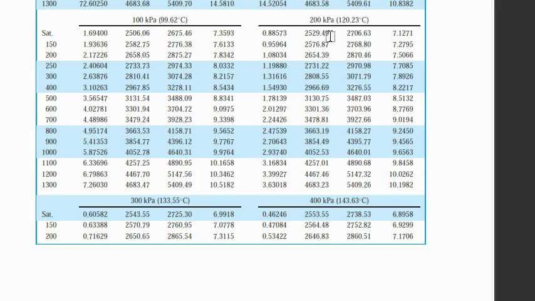So the specific volume at 120.23 is 0.88573, and at 200 kilopascal at temperature of 150, the specific volume is 0.95964. Since our temperature lies between this range, then the specific volume is in between these two values. So we have to do a quick interpolation to find the real value.